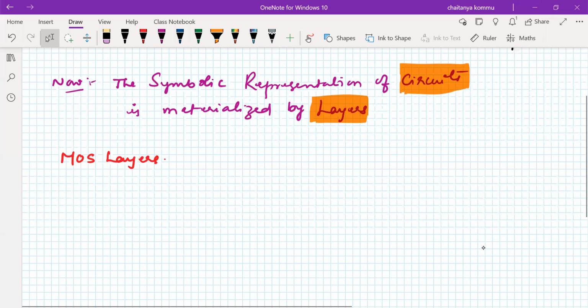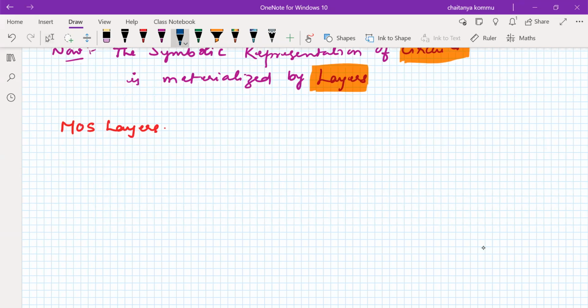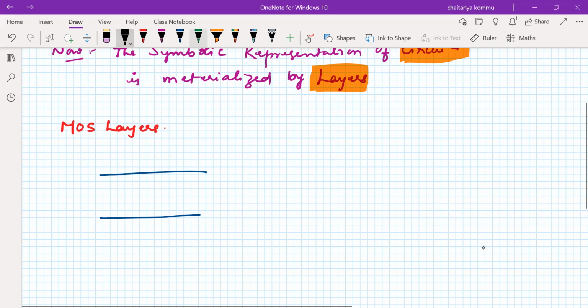Let us consider, we have already discussed this point. For example, consider an NMOS transistor. Here we have to consider a substrate. On top of it we have a gate oxide, and on top of it we have a polysilicon. So the substrate is one material that we are using, and gate oxide is one material.